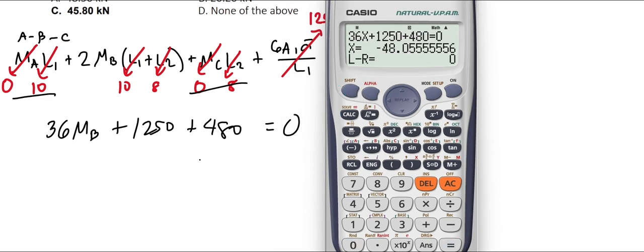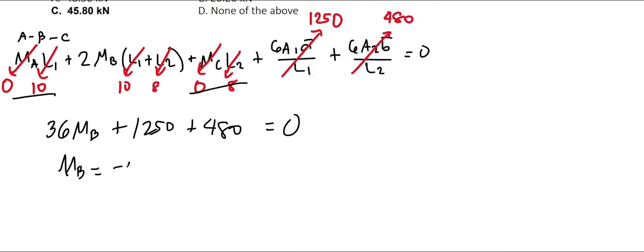We will get the value for M sub B that is just equal to negative 48.0556 kilonewton meters.